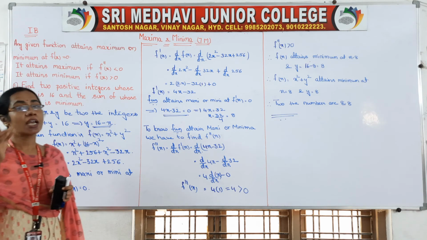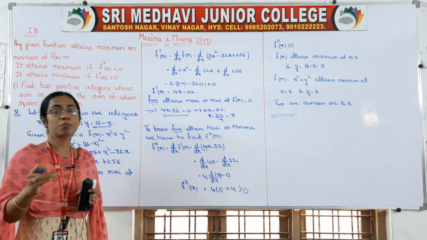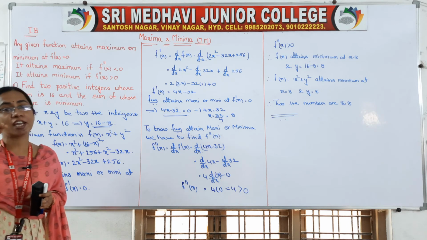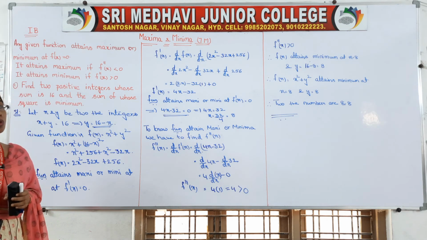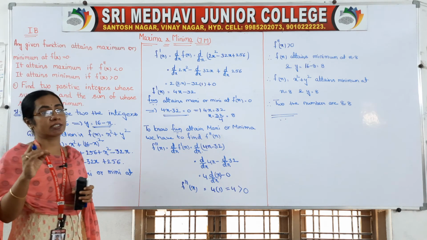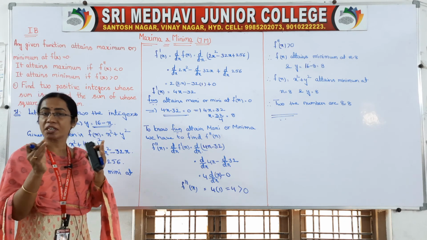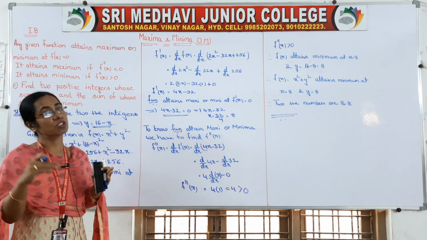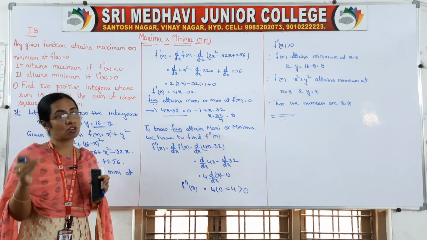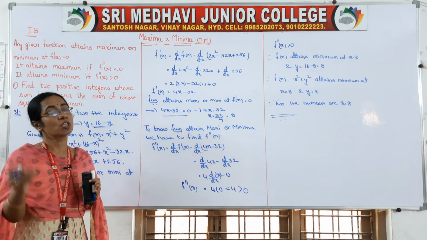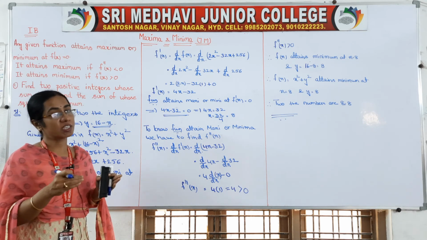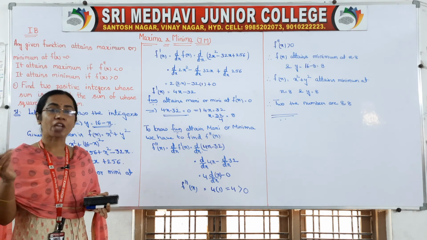That function attains maximum or minimum where f dash x is equal to 0. If you take f dash x, you will get one equation. Equate that equation to 0 and solve it, you will get the x value. At that x value, the function attains either maximum or minimum.